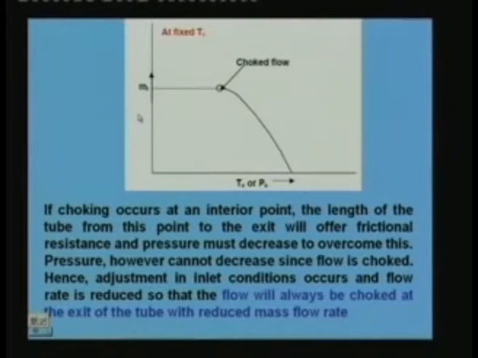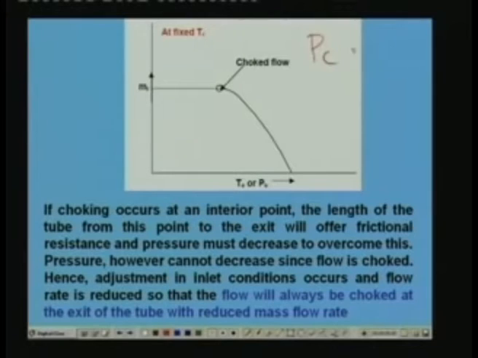That means if you plot, let us say that you are fixing the condenser pressure and condenser temperature, and you are reducing the evaporator temperature or evaporator pressure, and proceeding in this manner, let us say that this is the initial mass flow rate. As you are reduce the evaporator pressure, Pc minus Pe increases because Pc is fixed and Pe is getting reduced.